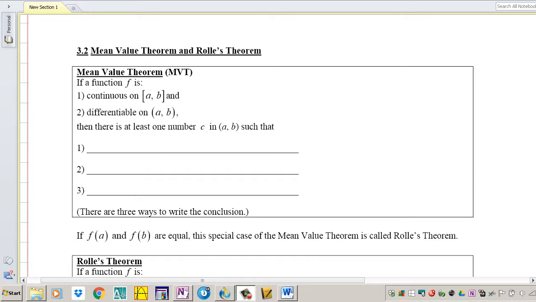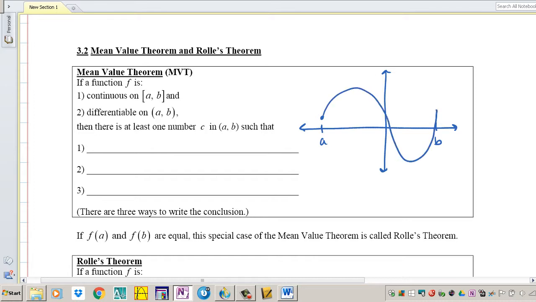So let me go ahead and begin by drawing a graph. And I'm going to draw a graph that's closed on the interval from A to B. And I'm going to draw it so that it's continuous and differentiable, which means smooth.